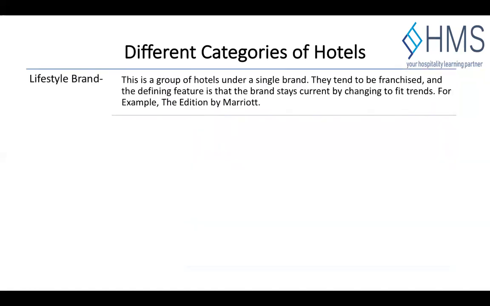Now, lifestyle brand. This is a fairly new concept. It is a group of hotels under a single brand, and the defining feature is that the brand stays current by changing to fit trends. These are very trend related hotels. For example, the Edition Hotel by the Marriott. Of course, this is a luxury chain, but again, it's a lifestyle brand.